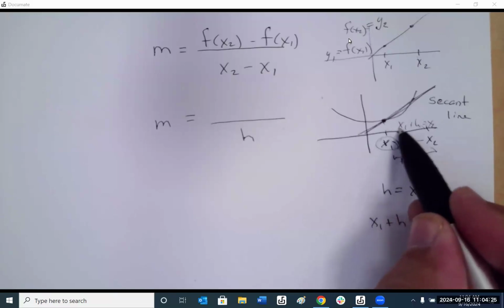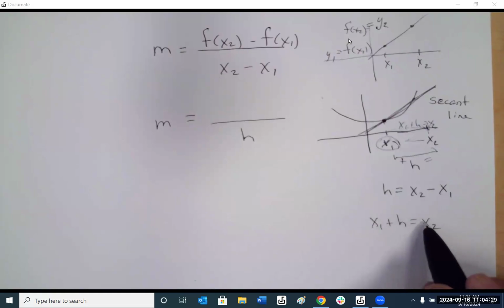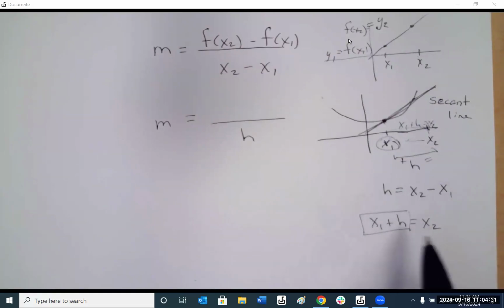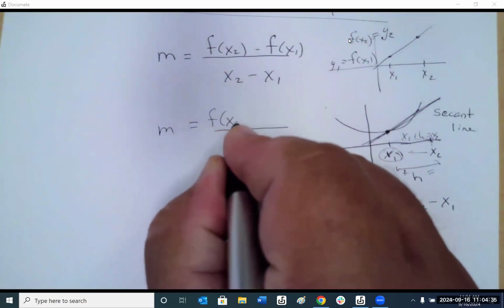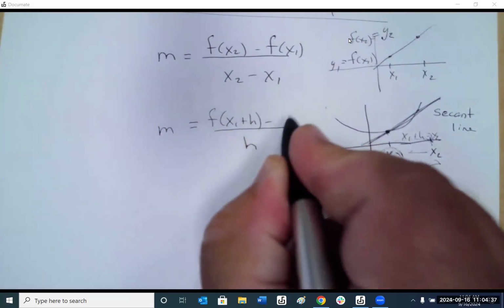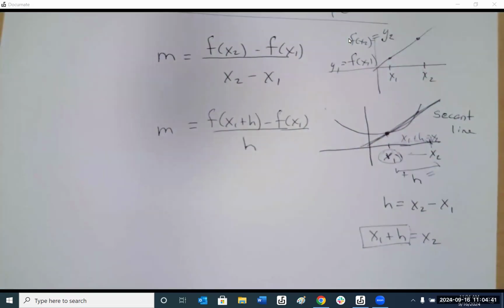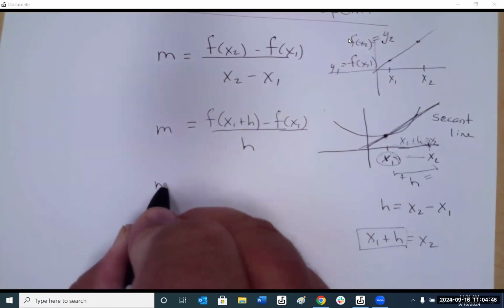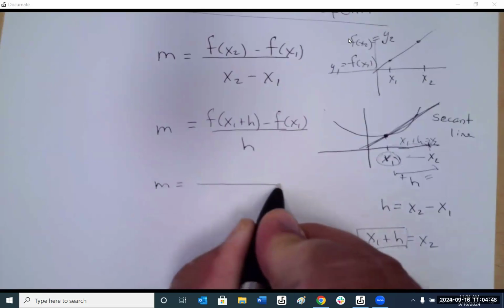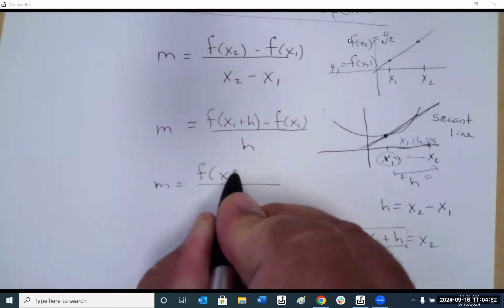Here's x1. If I add this distance, then I get to x2. So anywhere I see an x2, I put that in its place. So it's f of x1 plus h minus f of x1. But that works for any value x I pick.